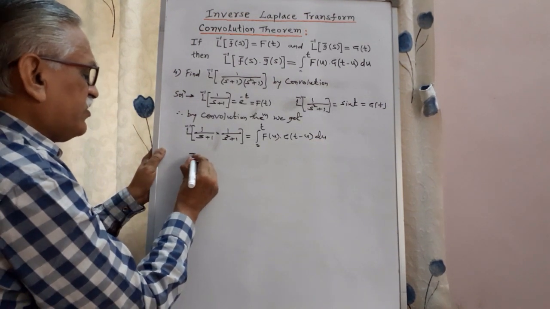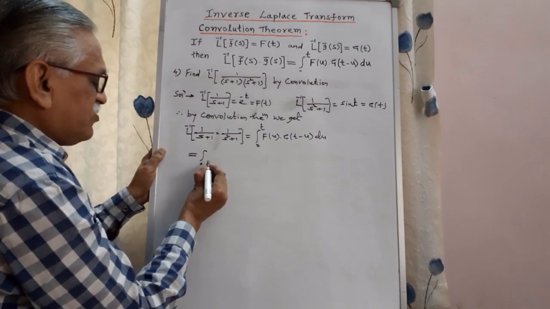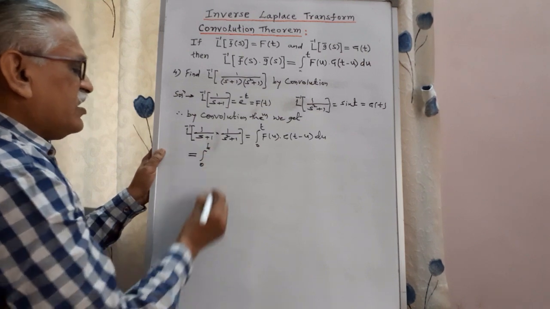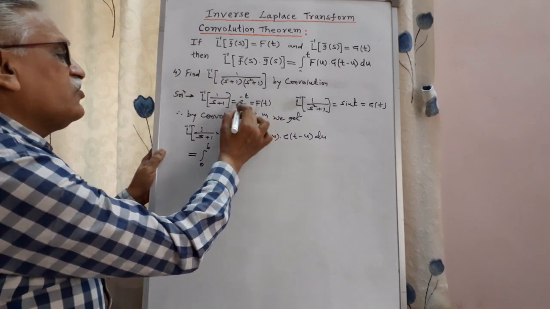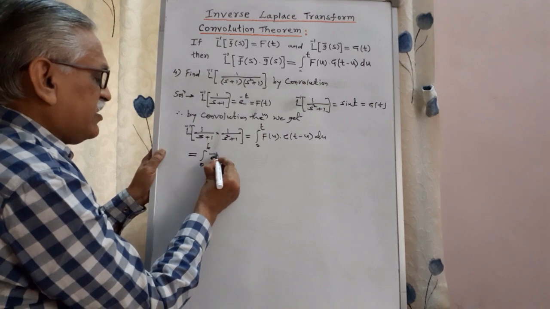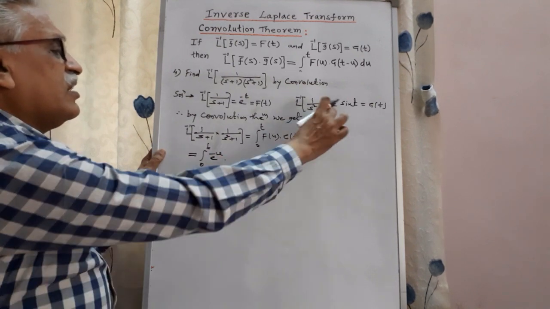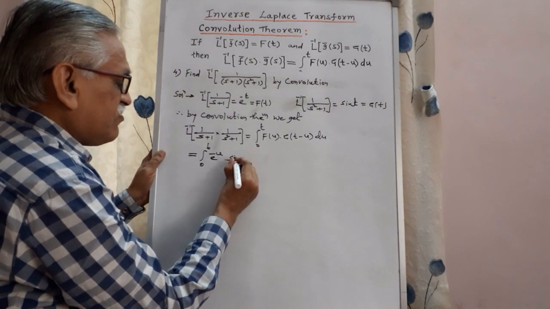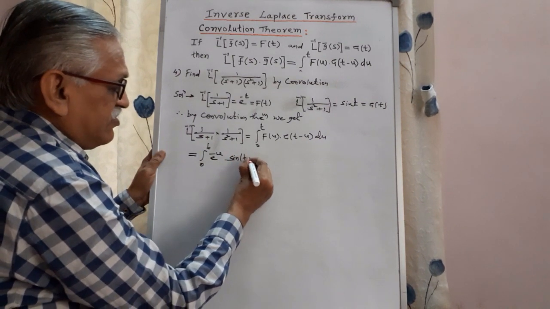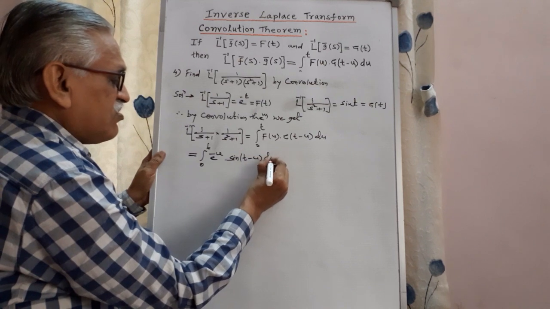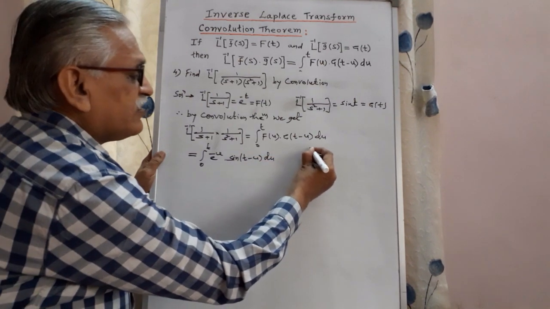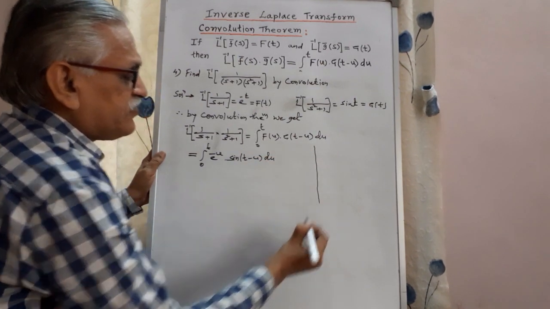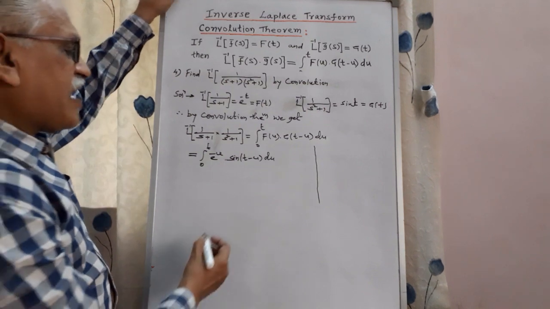Okay, and therefore it is equals to integral from 0 to t f of u. Replace t by u, we get e raised to minus u, and here replace t by t minus u, we get sine of t minus u du.